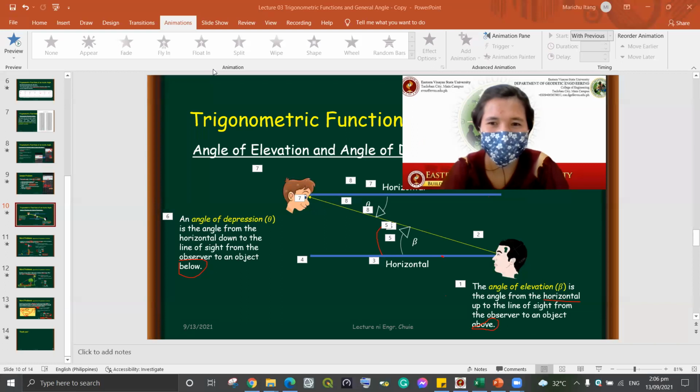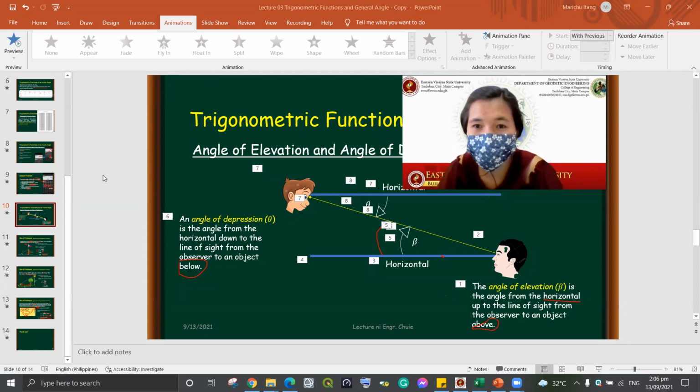Can you type yes on the chat box if you learned something from this lecture? I will be more focused on Trigo than the algebra, since algebra is just a review and we need basic knowledge of Trigo as a foundation for the surveying subject next semester.